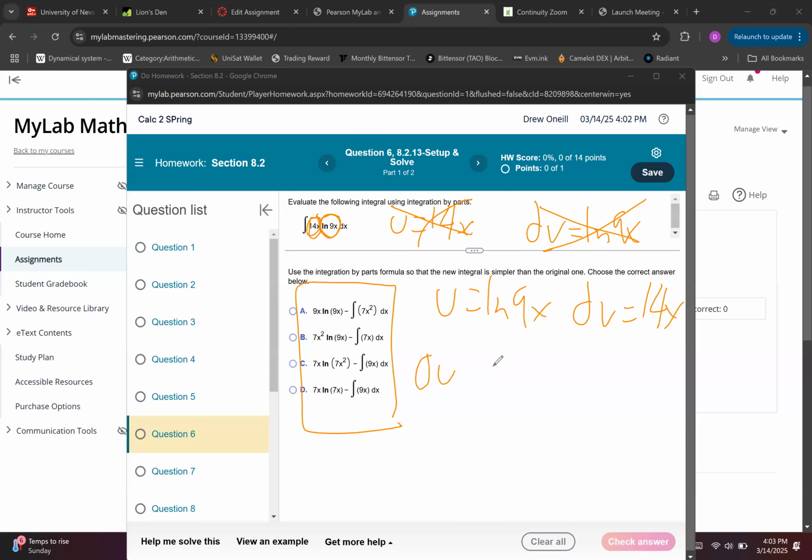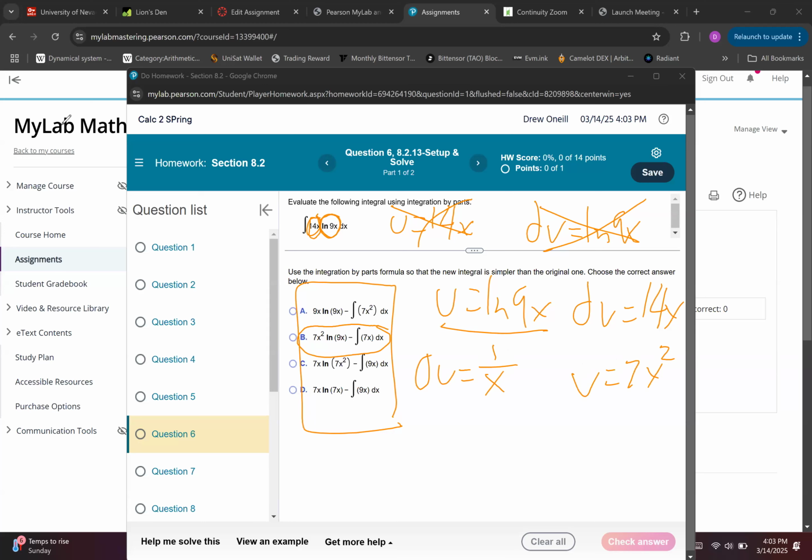If this is u, it's 1 over x, right? So that's our du. And to get v, I would integrate that and I get 7x squared. And then if you look at the formula, this is the answer. So plug this into the integration by parts formula.